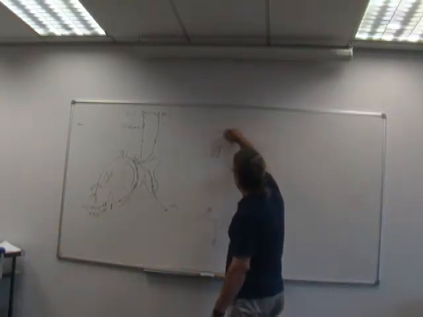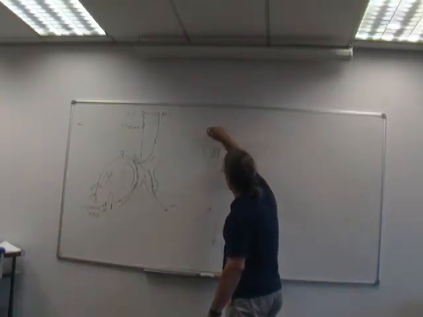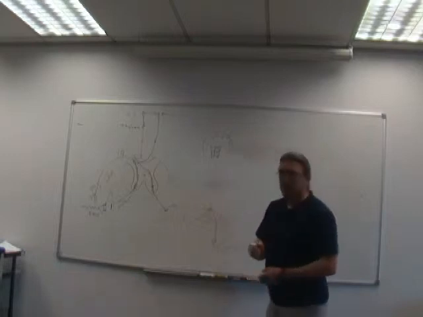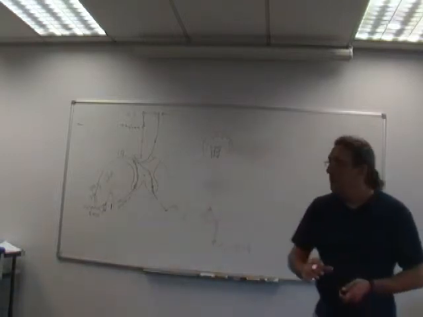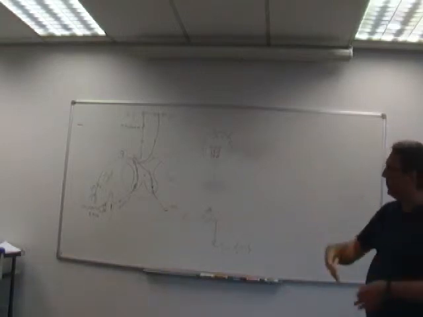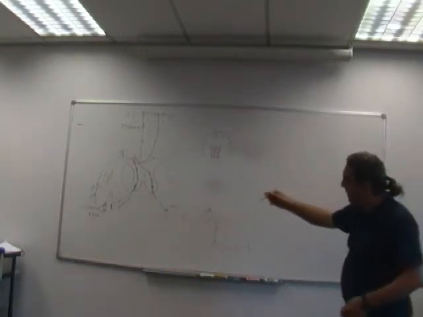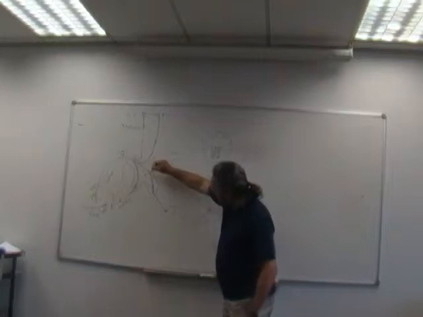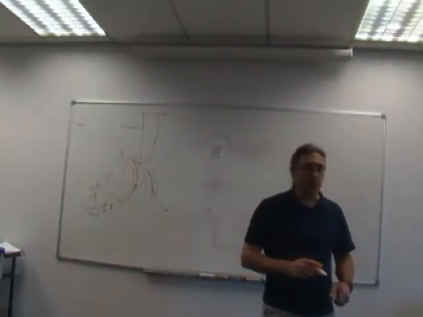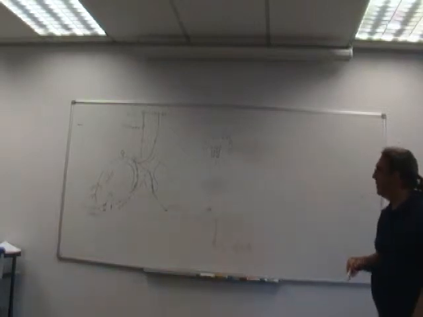In fact, people claim that it's a lot more than that, but let's stick to the classical view that the input number is about 10,000. Now they're all coming from interneurons, from cortex, from the opposite side. So if you consider one of these, they all receive up to 10,000 inputs. So enormous circuitry.